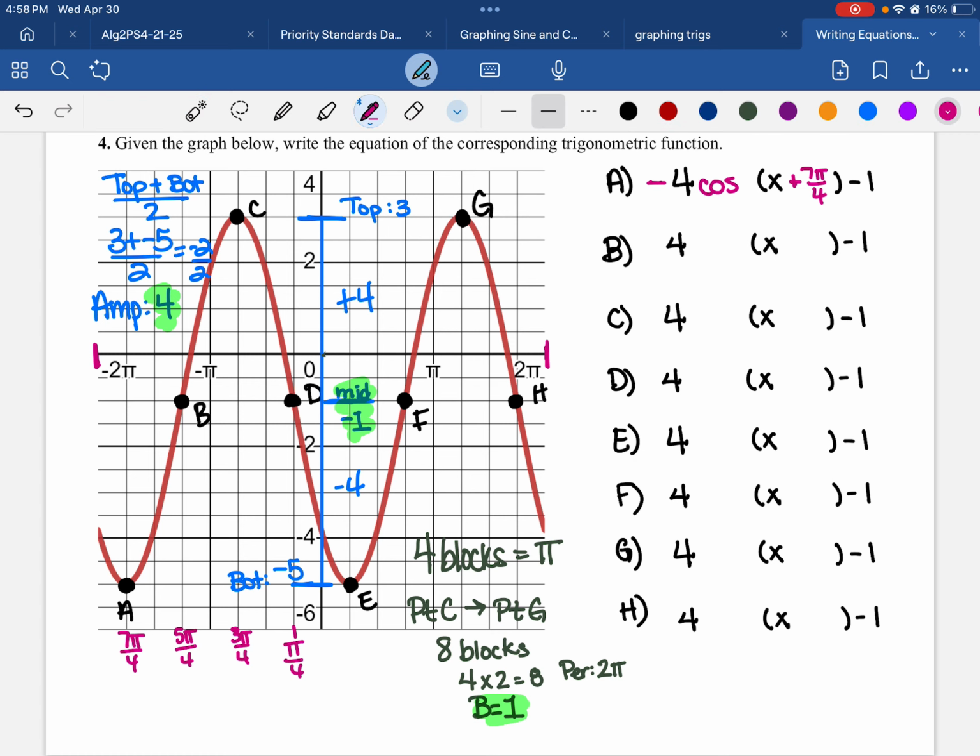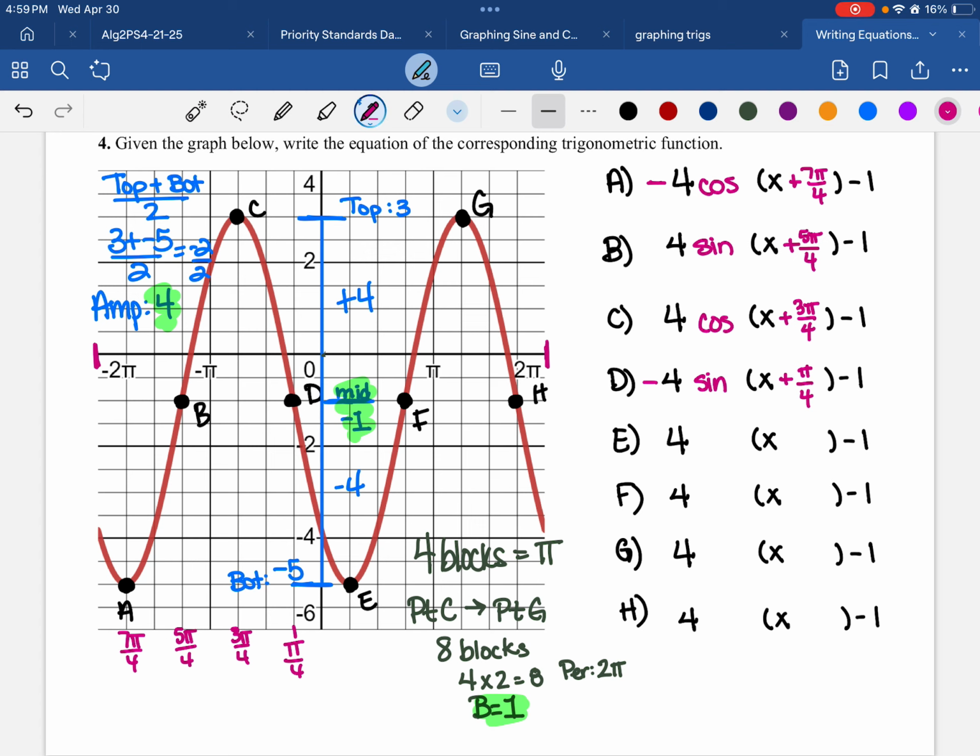So sine, and then x plus 5 pi over 4. C is at the very top, so it's cosine, and that is at 3 pi over 4, so I'm going to go plus 3 pi over 4. D is in the middle, so it's sine, but it's going down, so I need to do a negative, and then it is plus pi over 4 because it is to the left.